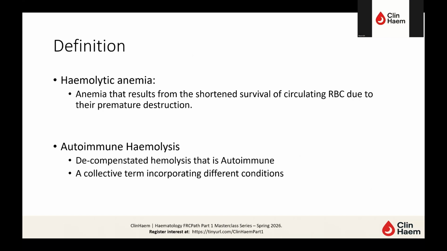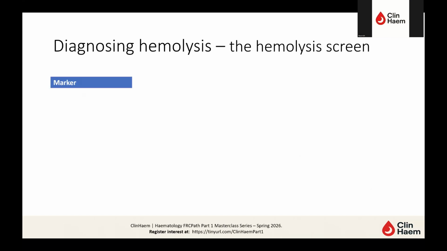But autoimmune hemolysis is a collective term incorporating lots of different conditions, which we hopefully will unpack today. So autoimmune hemolysis is not the diagnosis in itself. It's a collective term, so you have to differentiate what exact subtype it is as a hematologist.